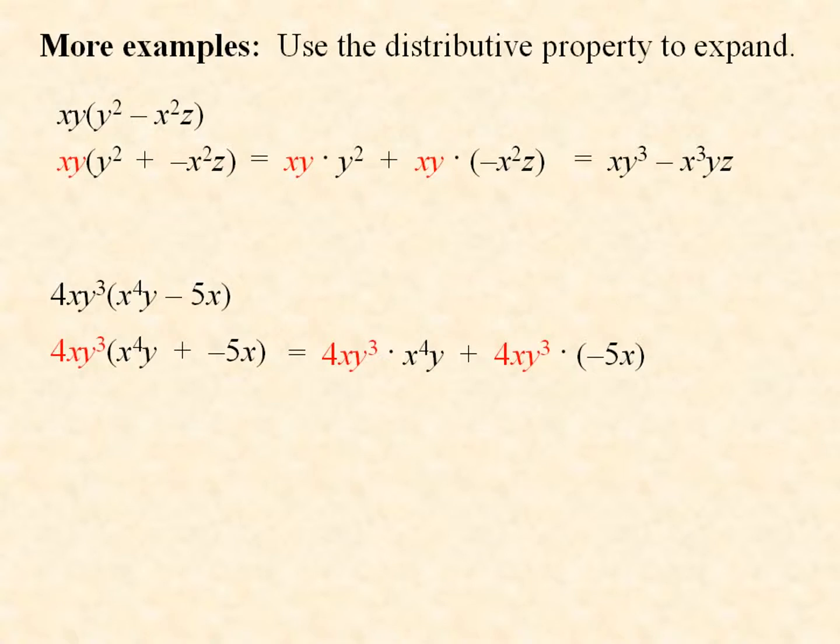Let's be careful and rewrite the terms in alphabetical order with the coefficients in front. Then we have 4 times x to the fourth times y cubed times y plus 4 times negative 5 times x times y cubed. Do you see what was done here? When we simplify that, we end up with 4x to the fifth y to the fourth minus 20x squared y cubed.